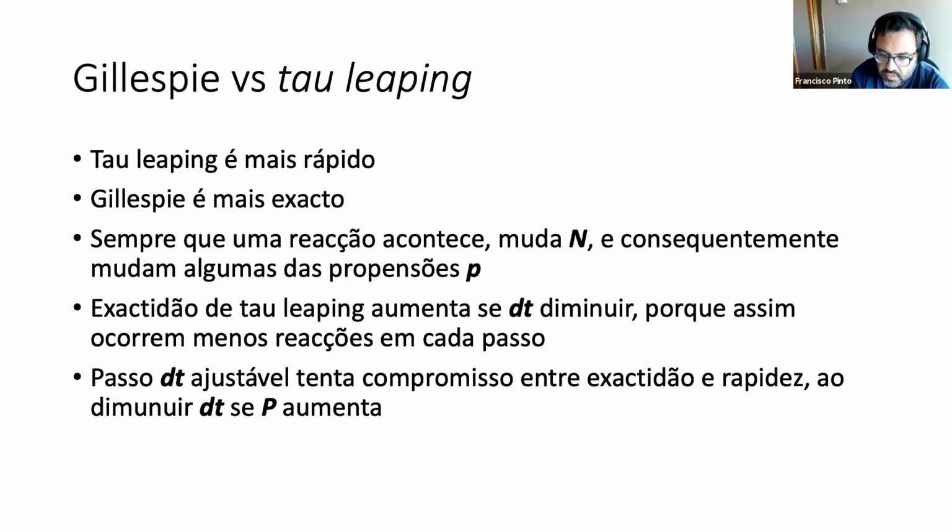So if you have a large capital P, you should decrease the time step to be more accurate. But if the sum of your propensities is very low, you can speed up the simulation by increasing the time step, because you know that during that longer time step, you will have a low number of reactions or processes occurring. So you control in that way that you are using propensity functions with a sufficiently accurate value.